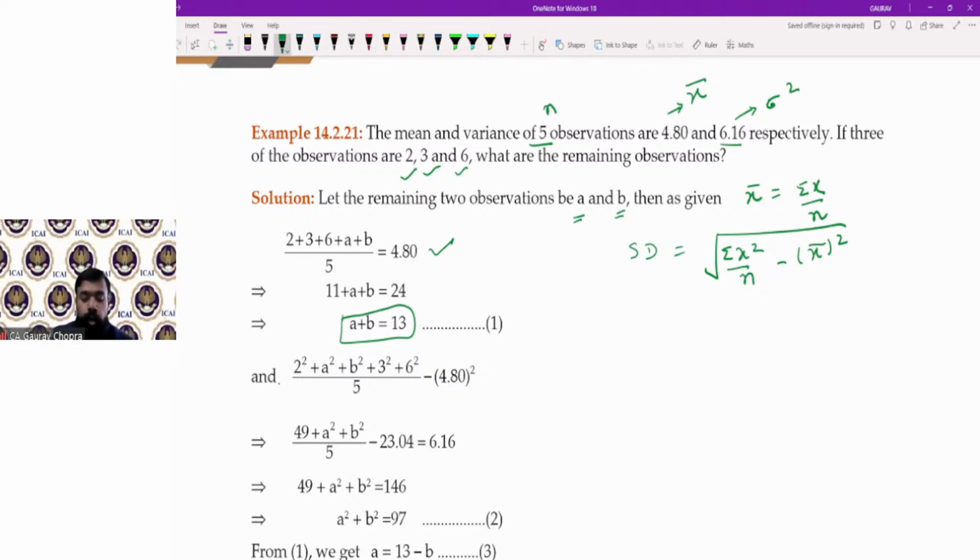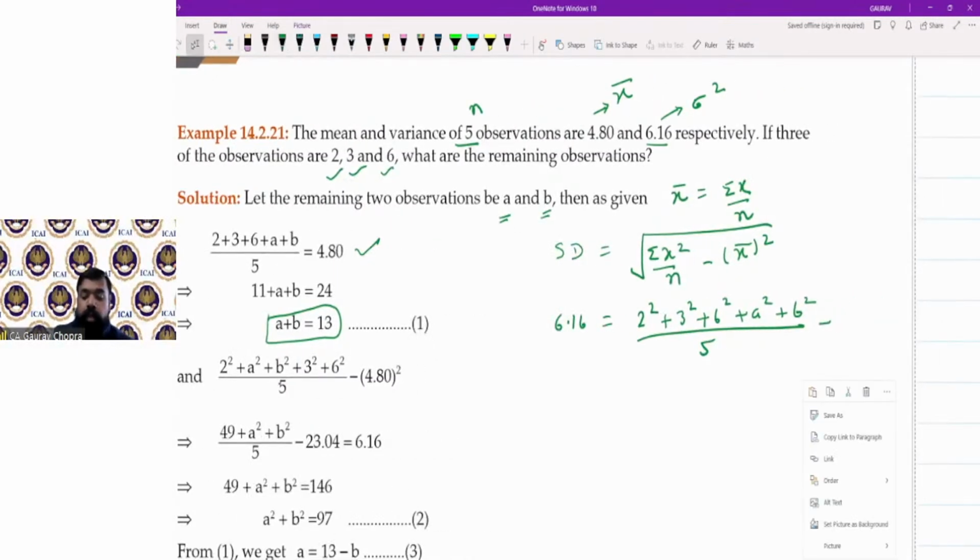So we can write here 6.16, and the root will get removed because we have squared both sides. Sigma x square is 2 square, 3 square, 6 square, A square, B square upon 5 minus x bar square.